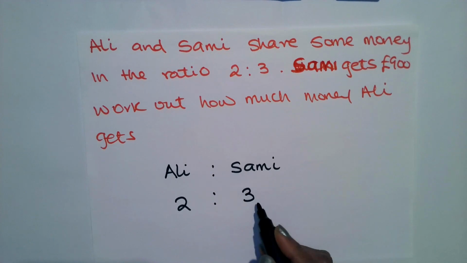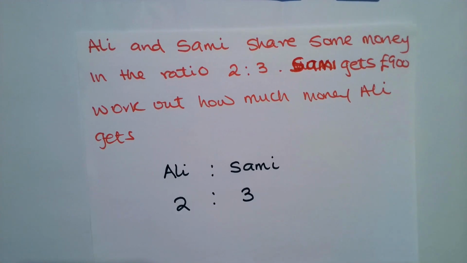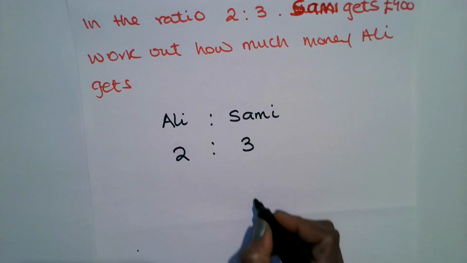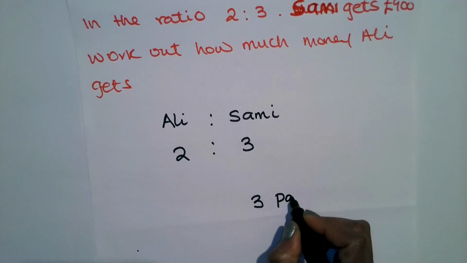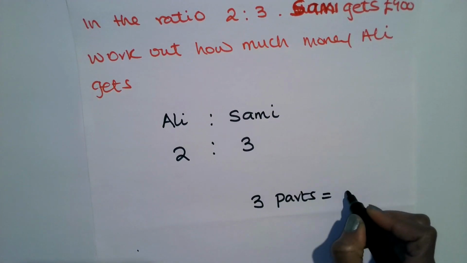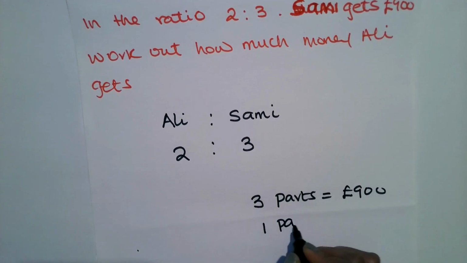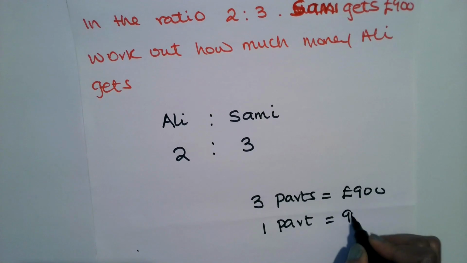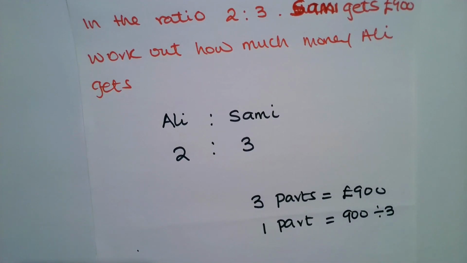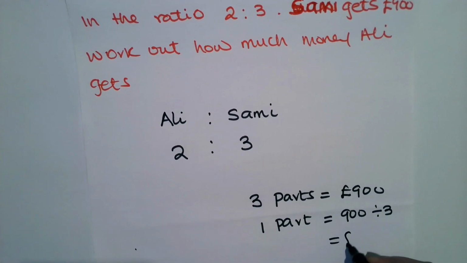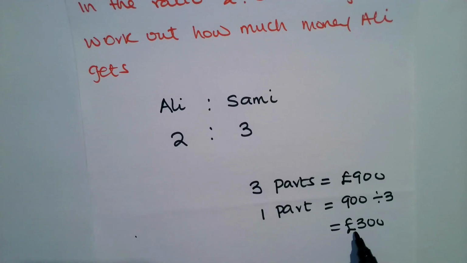And Sammy gets 900, which means 3 parts is equal to 900 pounds. So 1 part is going to be 900 divided by 3, which will give us 300 pounds. So 1 part is 300 pounds.